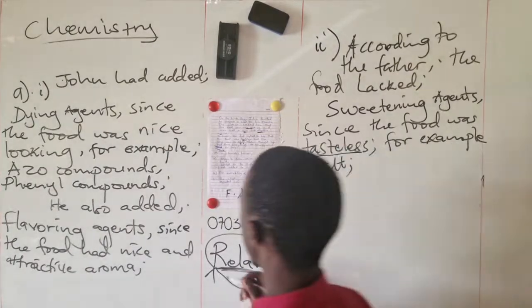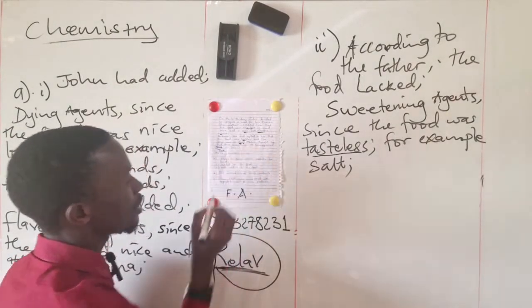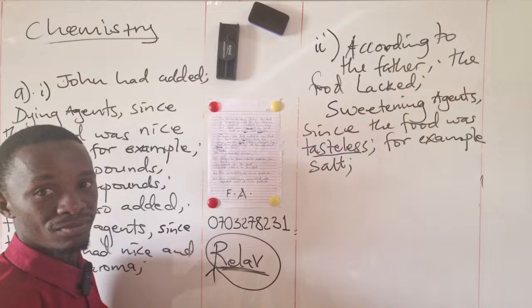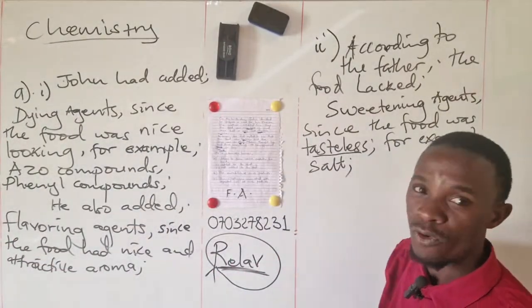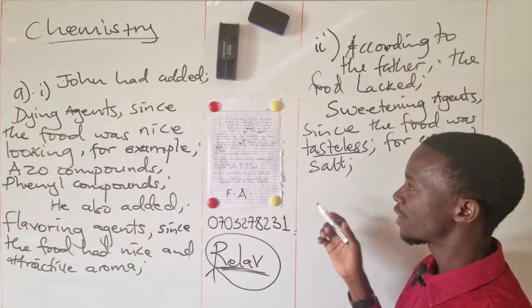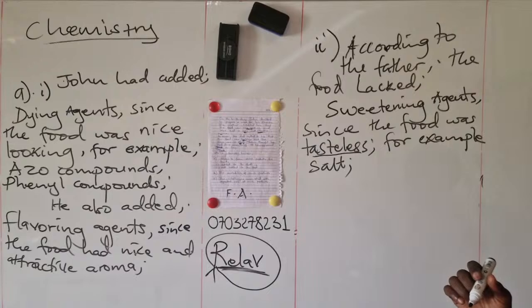Still, according to the scenario, the Father said that the soup was too dilute. So the food additives that improve the viscosity of food, especially soup, are the ones we call thickening agents.